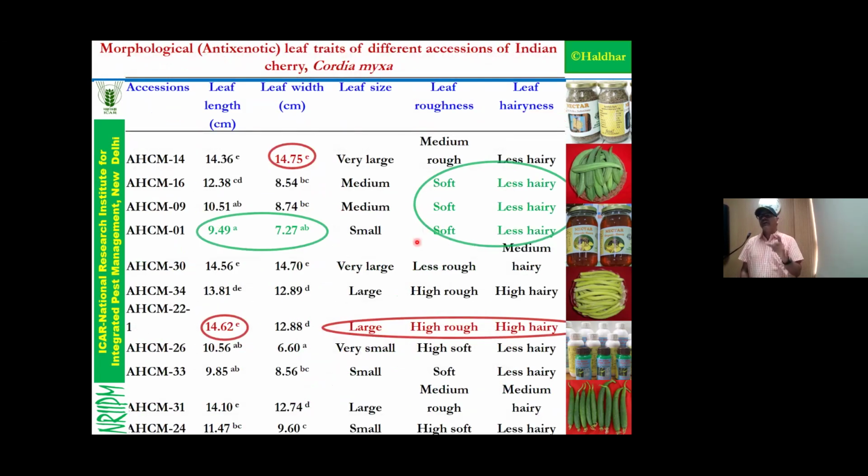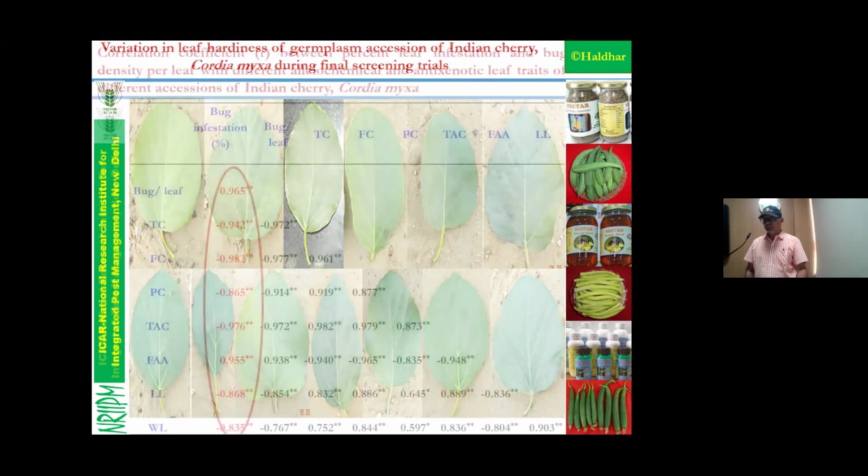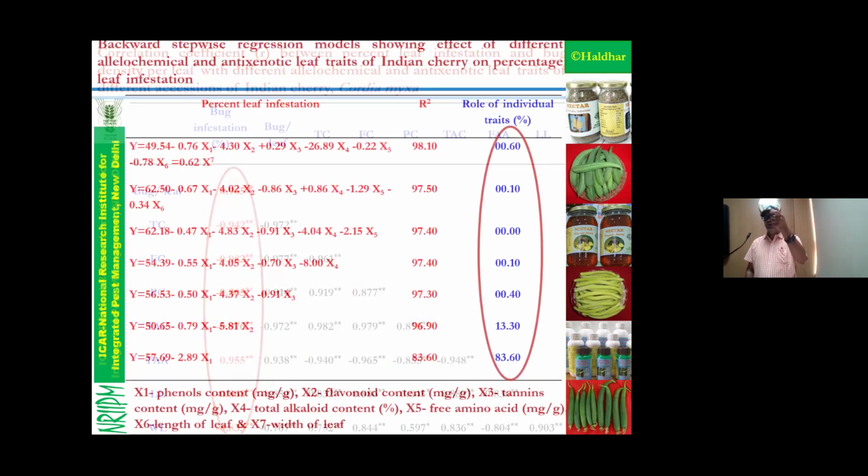Actually, in this, sir, we found that it attacks the leaves of the plant. So if there is less hairiness, there is less incidence, or more incidence. And if the hairiness on the plant leaves is more, and also the hardiness, leaf hardiness also plays a major role in controlling this. So hardiness in the sense, is it cuticle or something like that?